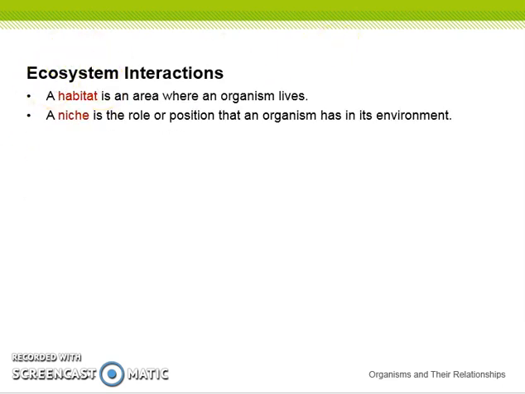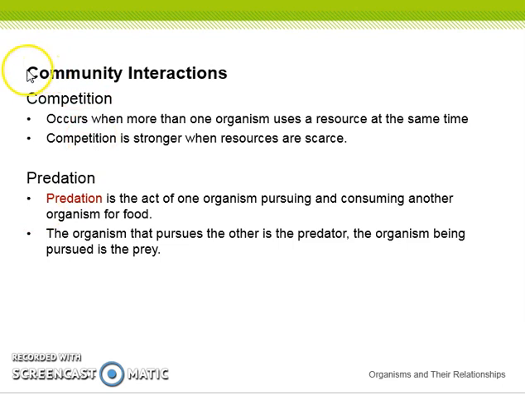So here we're talking about ecosystem interactions. We're going to get a little bit deeper and talk about community and how those interactions occur. Again, you're going to make a T-chart, please, and you're going to title the top of the T-chart community interactions.